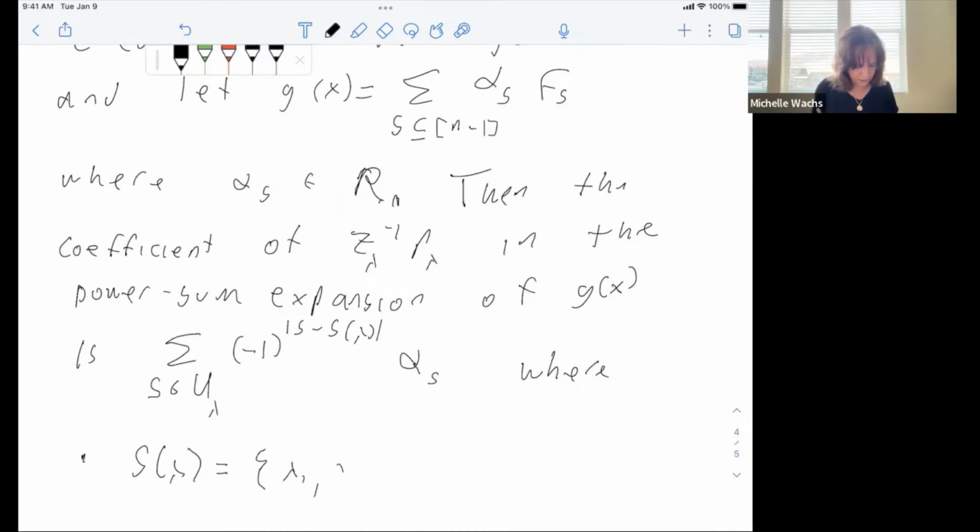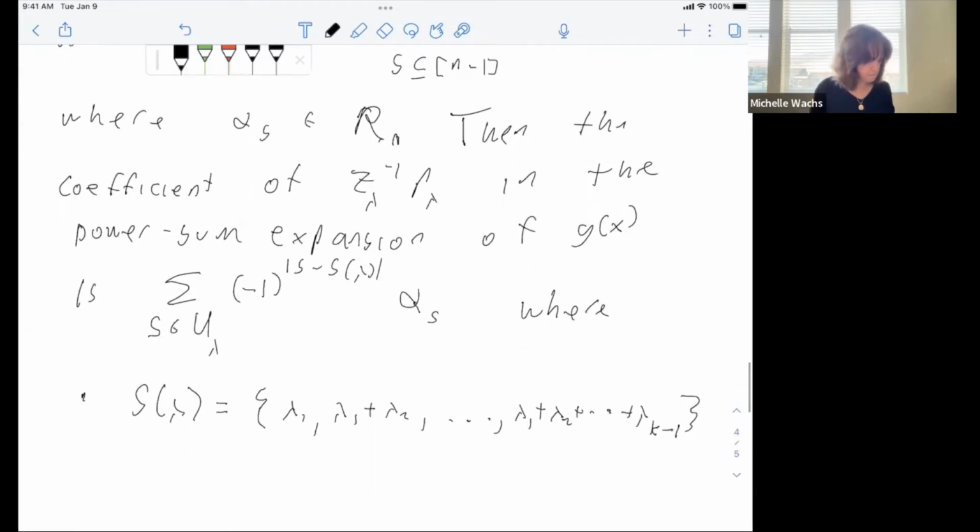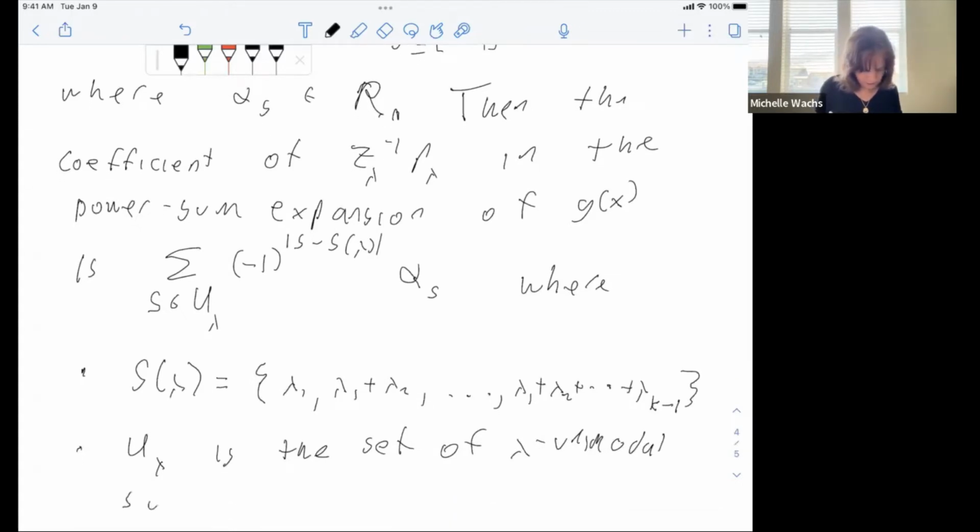So that's lambda_1 plus lambda_2, the partial sums, up to lambda_1 plus lambda_2 plus through lambda_{k-1}, where k is the length of lambda. And U_lambda is the set of lambda-unimodal subsets of n minus 1.